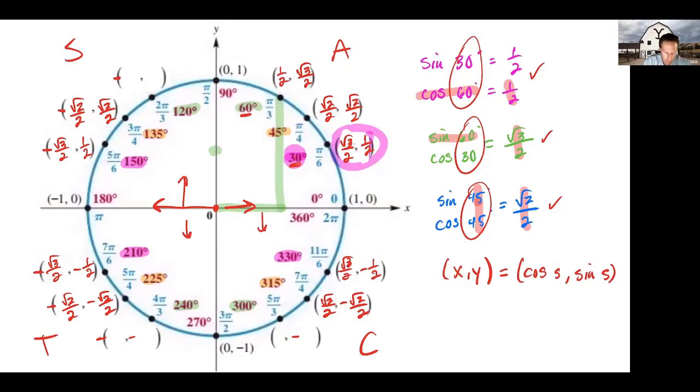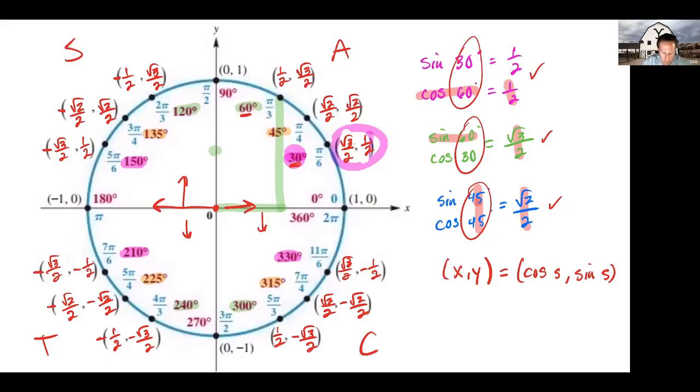So what we're going to do is list all of those same values, 1/2 and root 3 over 2 for our x and our y. Again, the only thing that would be different would be where they are positive and negative. And that, my friends, is the unit circle.